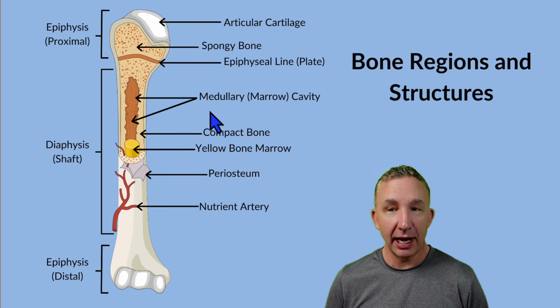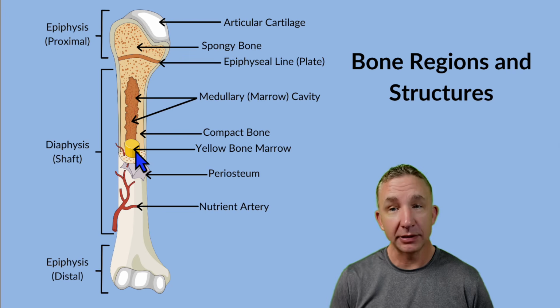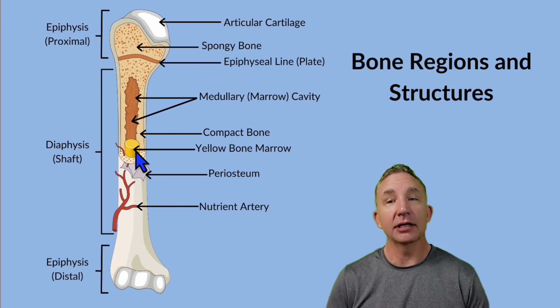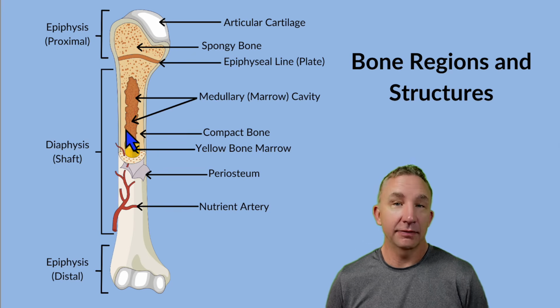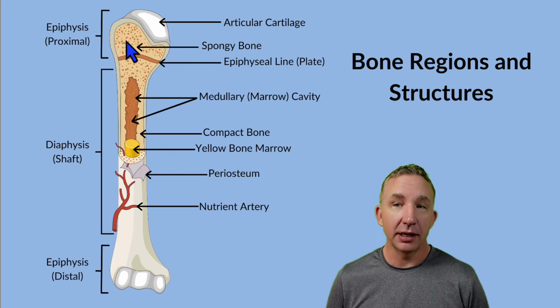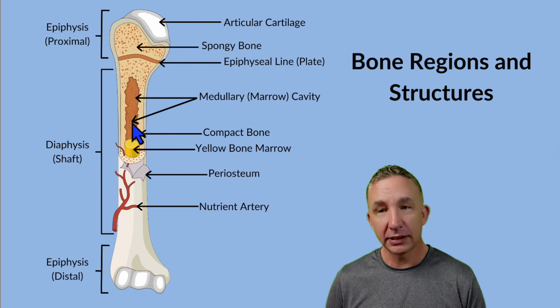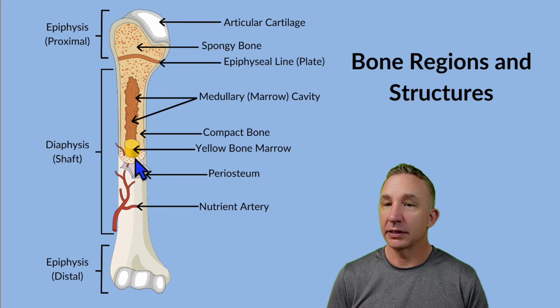And that marrow cavity is our yellow bone marrow. So it's yellow for a reason, because it's made up of adipose tissue or lipids. So it's energy supply as we need it. So within the shaft, I see fat, adipose tissue. Within the epiphysis, I see blood. So I use this as a way not only to support the bone, but also support the body if it's needed.